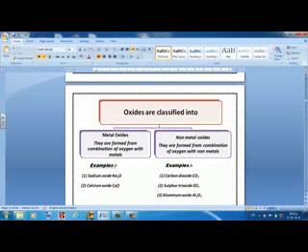Examples: if oxygen reacts with sodium to form sodium oxide, Na2O, it will be a metal oxide. And if calcium reacts with oxygen to form calcium oxide. In these 2 examples we have a reaction between metal and oxygen.